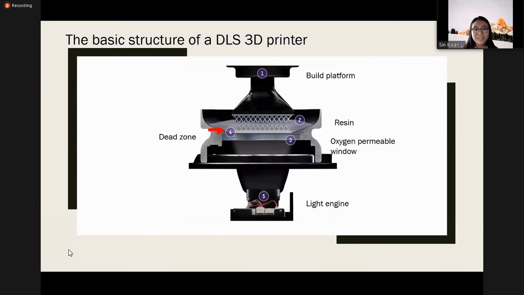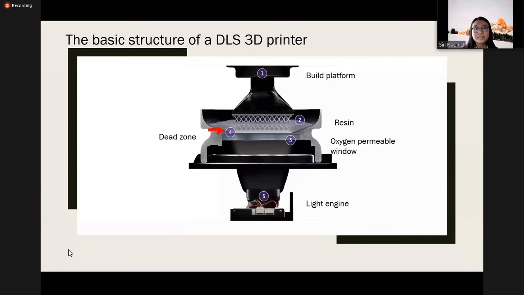Pretty impressive, right? The curing of resin is inhibited by the oxygen above the window, allowing the liquid to flow under the printed part through the dead zone. The above mechanism allows light to partly cure the resin along the vertical axis.